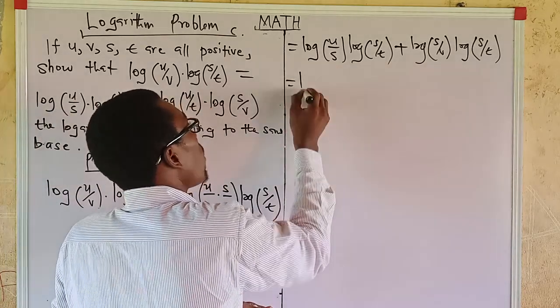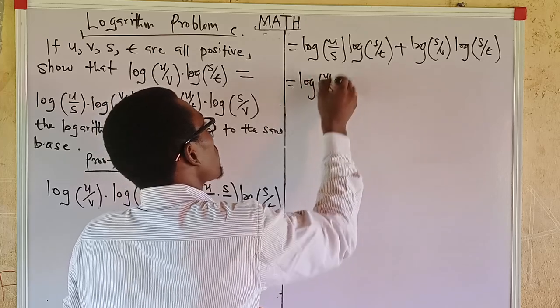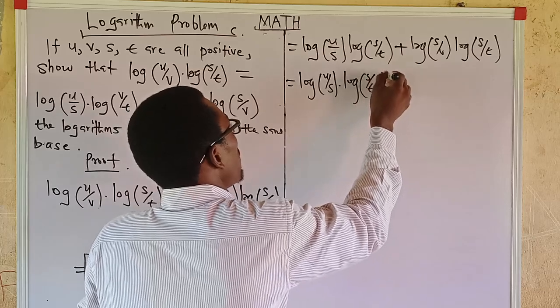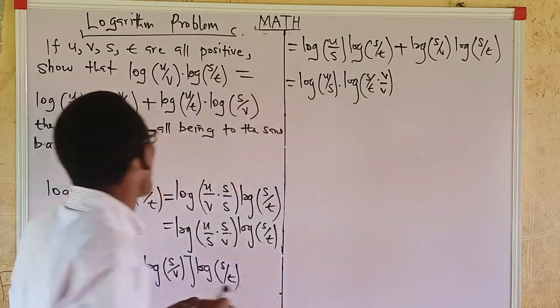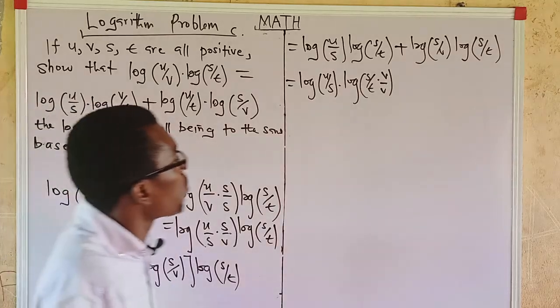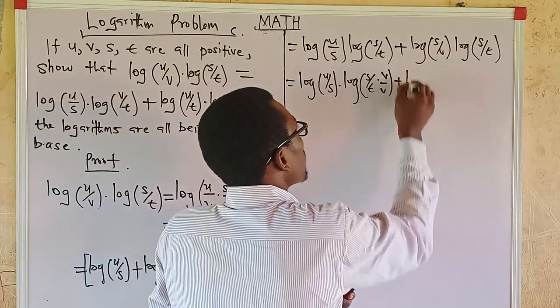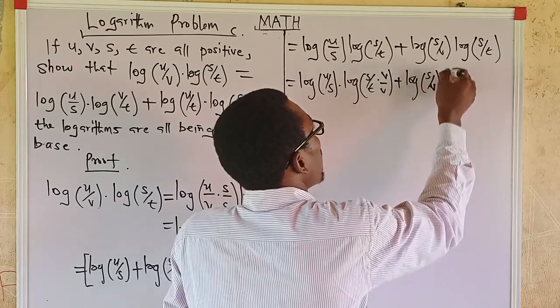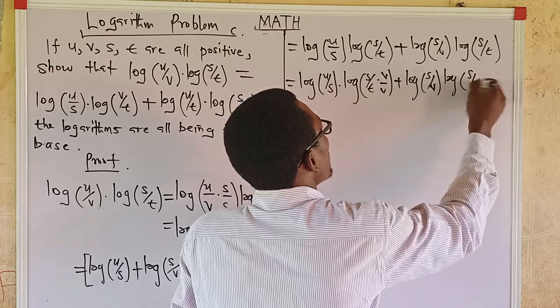Now, this is how we're going to go about it. We shall write this as log to an arbitrary base of U over S multiplied by log to an arbitrary base of S over T, then times V over V. Why am I doing this? Because over here, I have a V over T. Can you see that? So we are good to go. Then with this plus log to an arbitrary base of S over V multiplied by log to an arbitrary base of S over T, all right?